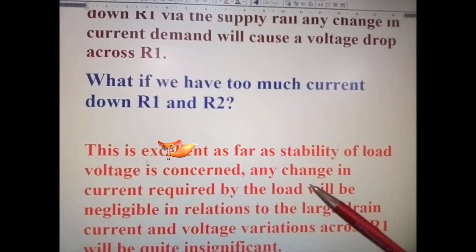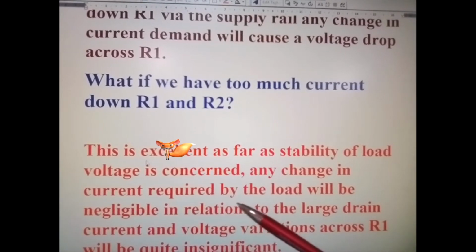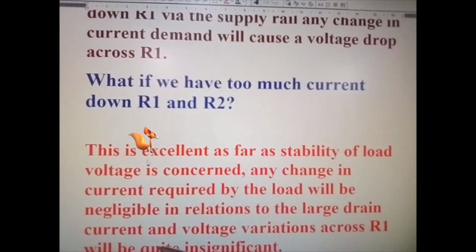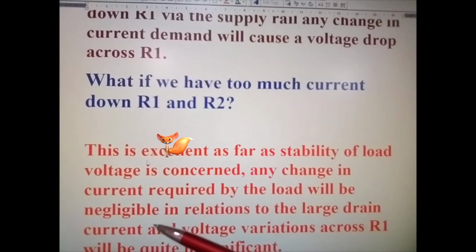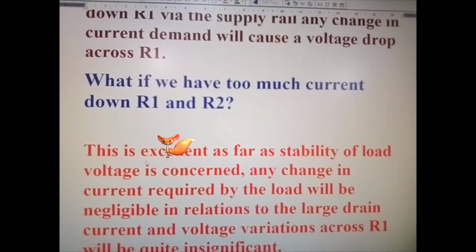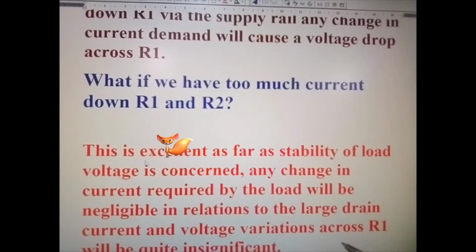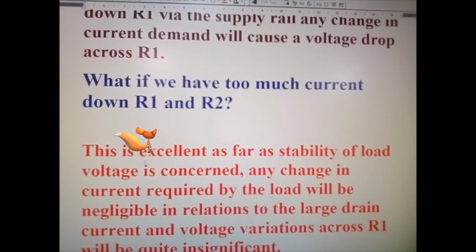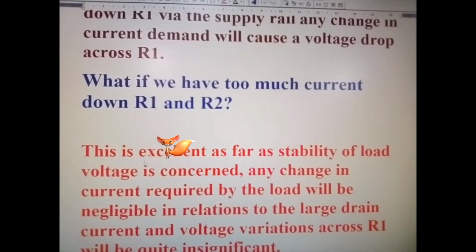Any change in current required by the load will be negligible in relation to the large drain current, and voltage variations across R1 will be quite insignificant. Okay?